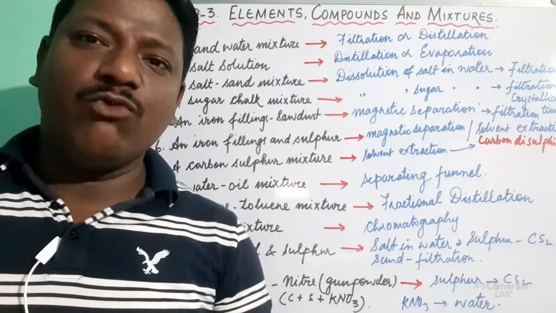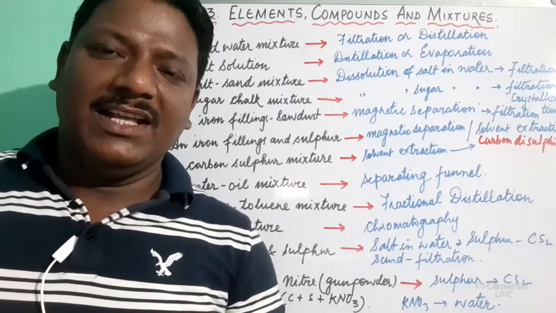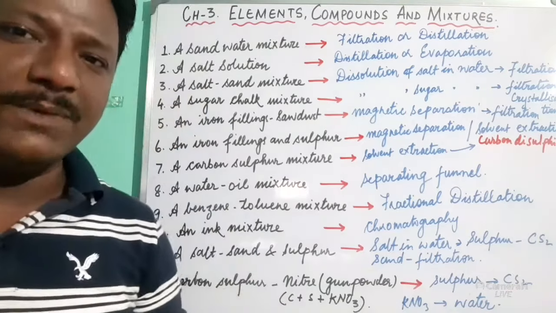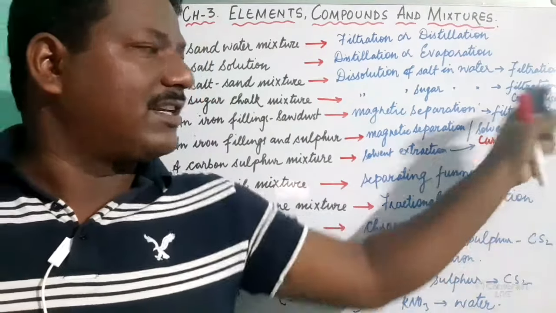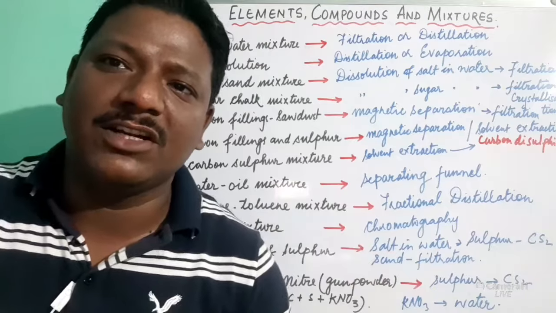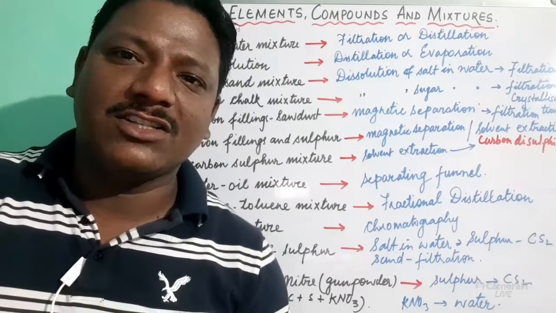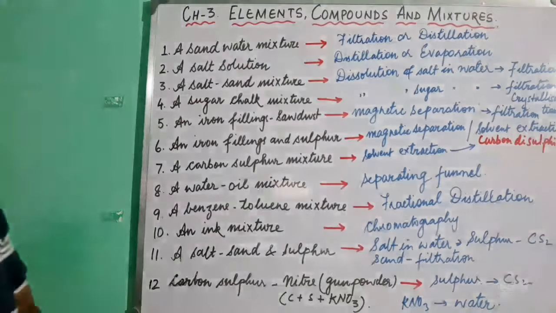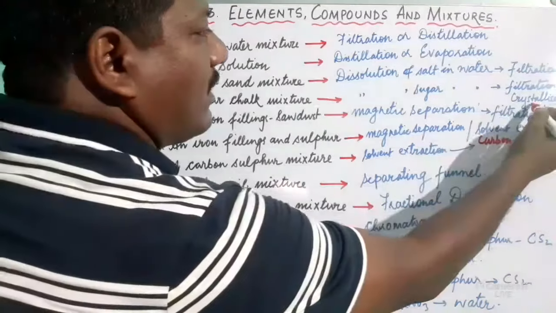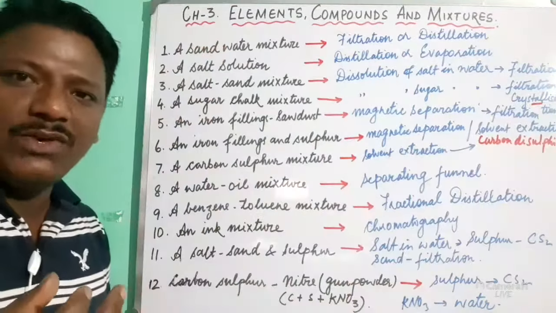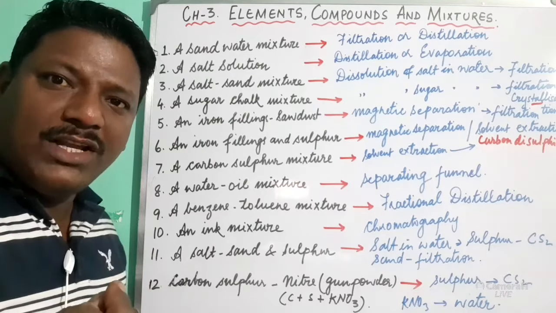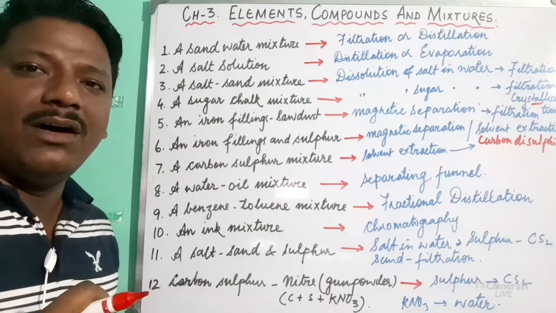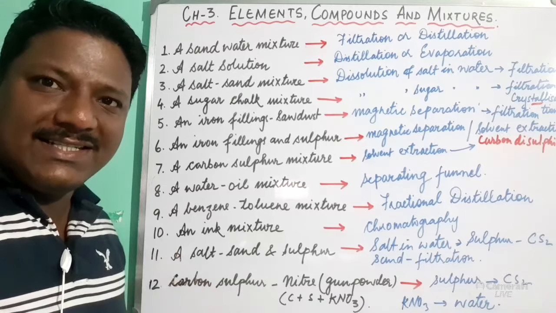Then whatever the filtrate is left, you allow this filtrate to evaporate, or you can use another method, that is called crystallization. Crystallization you have already learned. As you use the crystallization, what will happen? The crystal of sugar will come on the surface, or it is collected in the container.